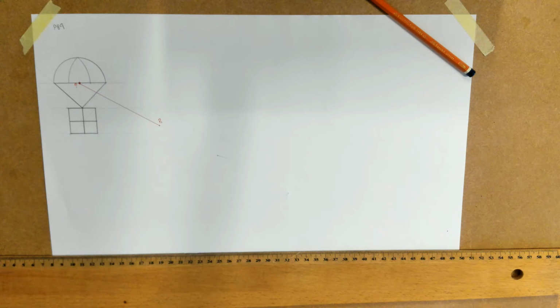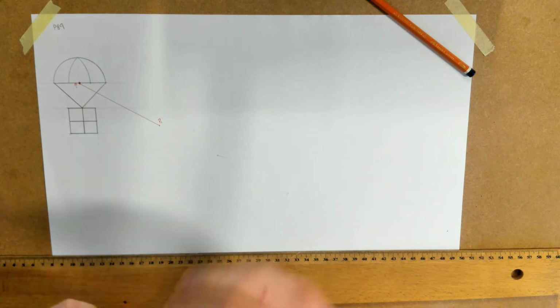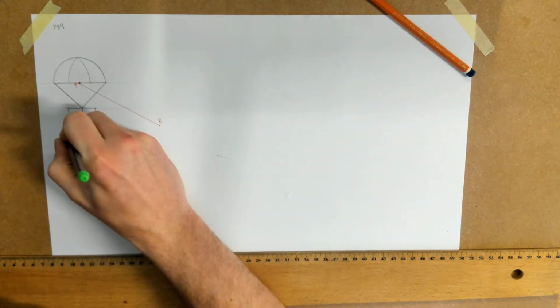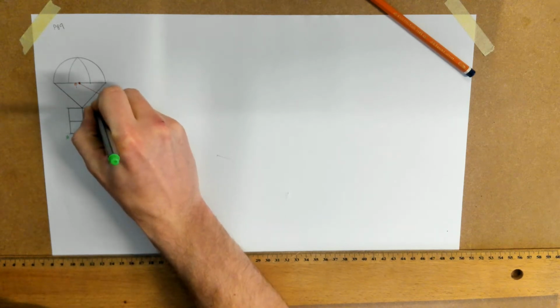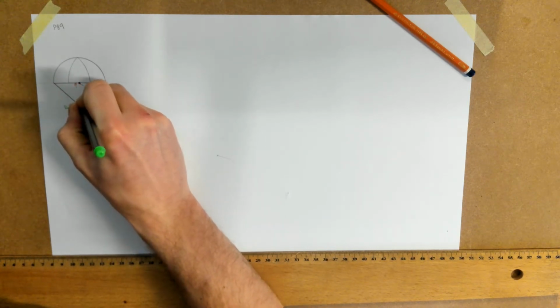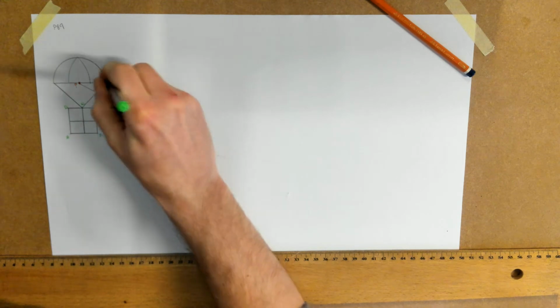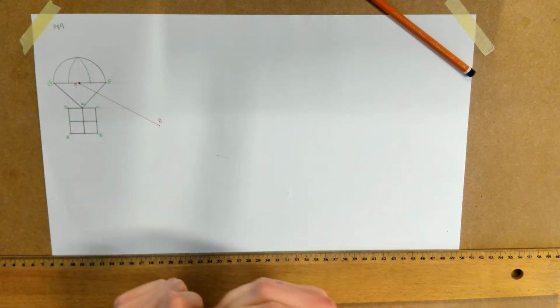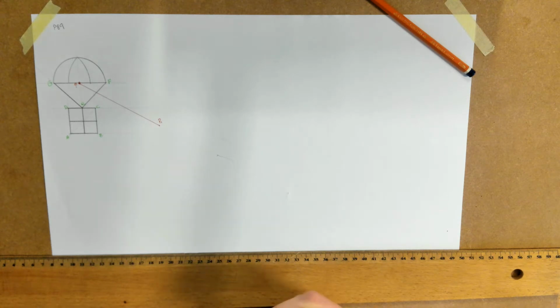What we want to do is first of all make a series of points. So I'm going to take a pen here and I'm going to label A, B, C, D, E in the middle, F and G. Alright, so go ahead and label your diagram the same way there. So A through G on all the points.